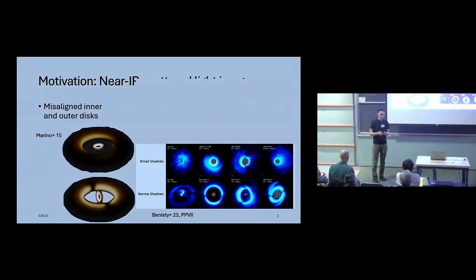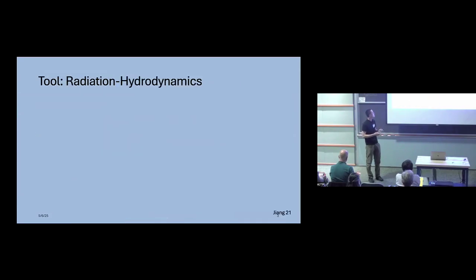There are many previous works on interpreting the inner disk geometry, the mutual inclination, and even the precession rate using the shadow. But only a few studies focus on, given that we have the shadow, what the dynamical effects would be on the outer disk. So that's my focus today.